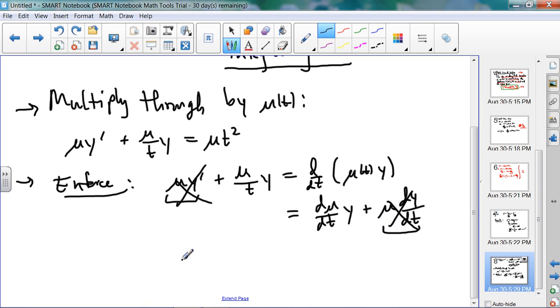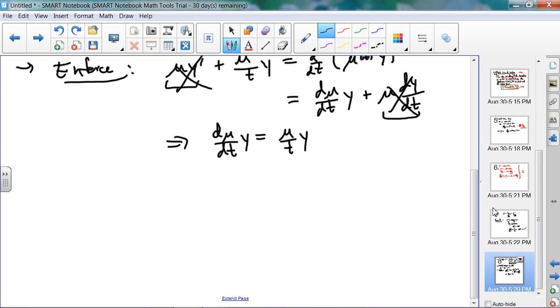And what we're left with is an equation that's going to tell us how to solve for mu. So we're left with this equation. You'll notice that it has mu on both sides, so we can cancel that out. And that leaves us with mu prime of t equals mu of t divided by t. And this is an equation that we know how to solve.